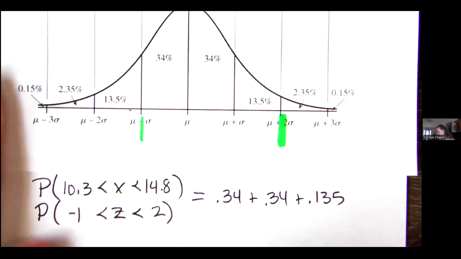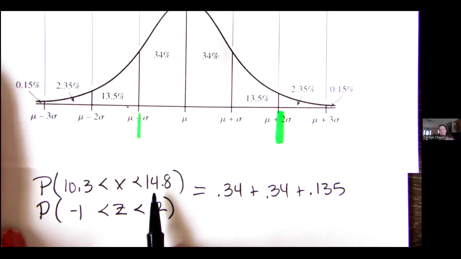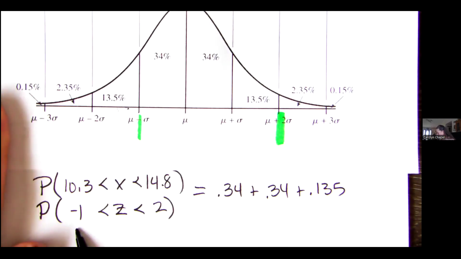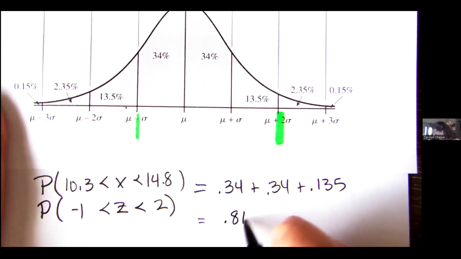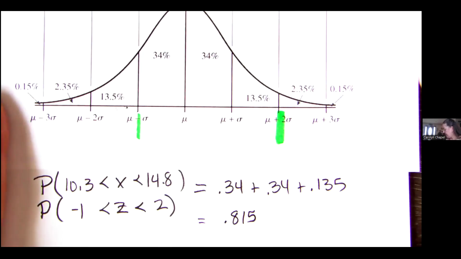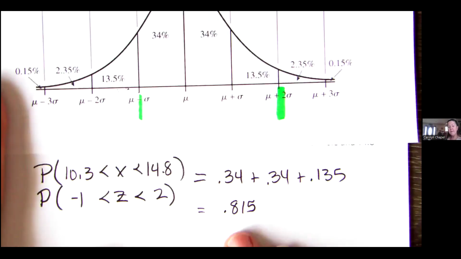So going from 10.3 to 14.8, or going from 1 below to 2 above, is my 0.34, 0.34, 0.135. Adding those all up, get my calculator here, turn it on, 0.68 plus 0.135, I get 0.815. So in terms of probability, it's a 0.815.